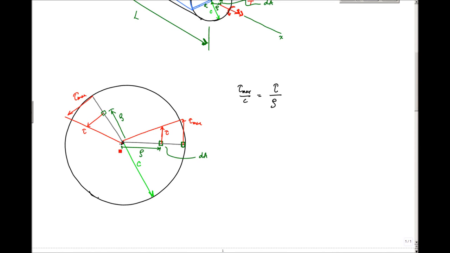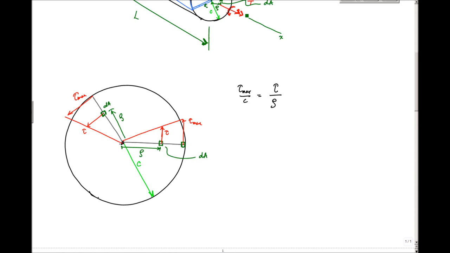And we know that the resultant of all the shear stresses applied over this area, the torque that we sum up here, has to be equal to that internal applied torque, that internal torque that exists at this cross section.